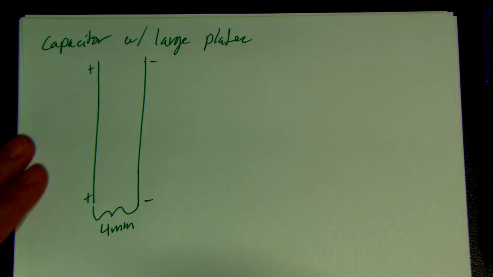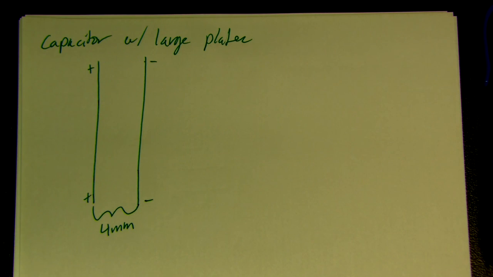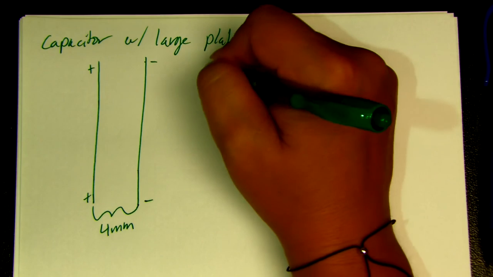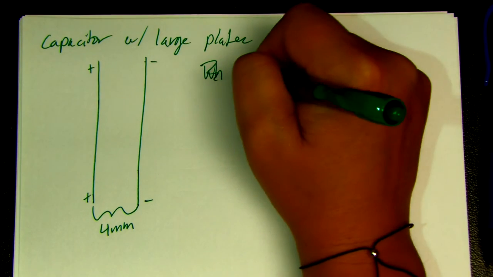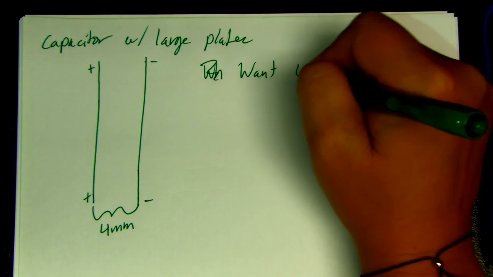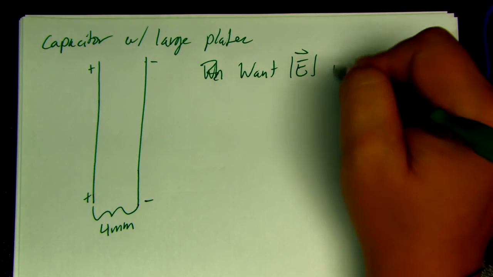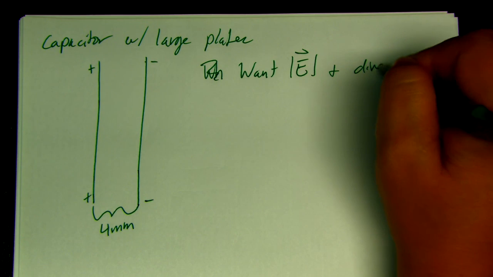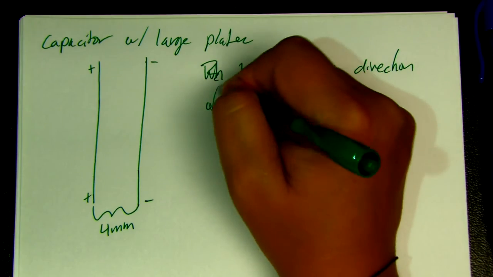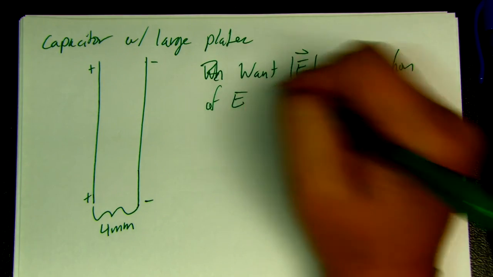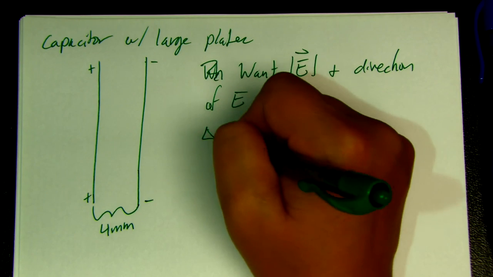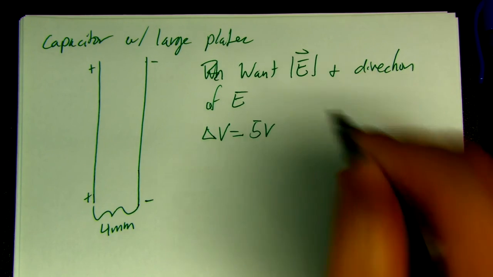For this particular capacitor, we want E and the direction of E, and delta V is equal to 5 volts.